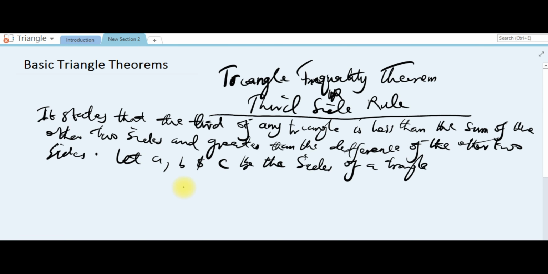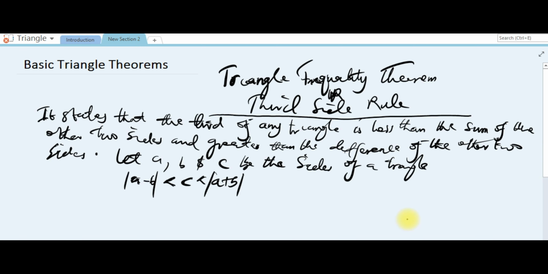The rule states that the third side, so let me take C as the third side, is always less than the sum of the other two sides, A plus B, and is always greater than the difference. That is, the difference is less than C. So A minus B, let me use absolute value, meaning the one that is greater will be the one to subtract from.